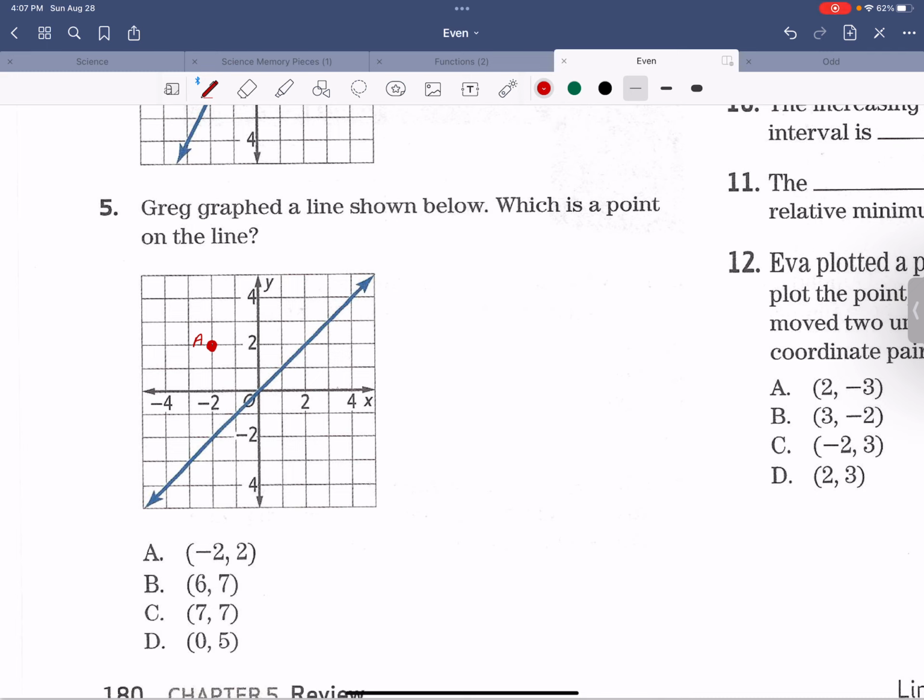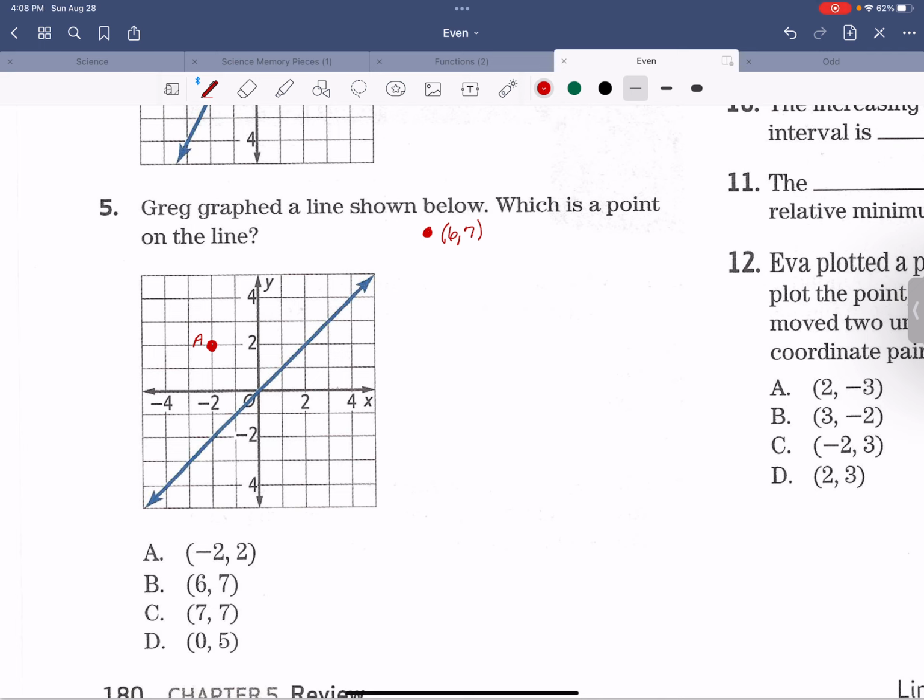I hate it when they don't give me enough room to graph. So there's 2, 4, 6 would be right here, and 7 would be somewhere up in here. Oh, I see why they're doing it. Be careful there, because that looks like that's it, but it's not. Over 7, up 7.